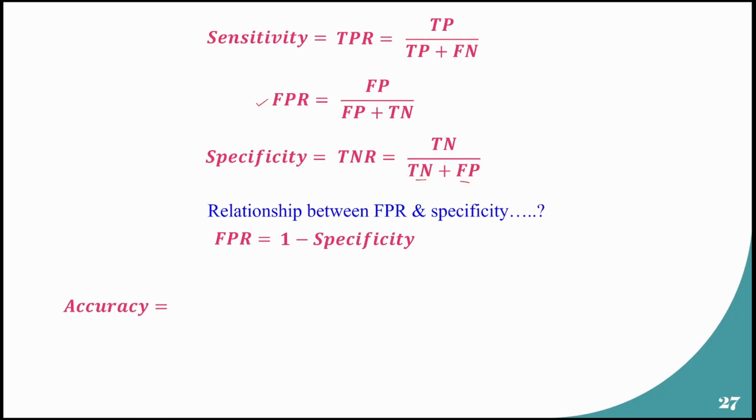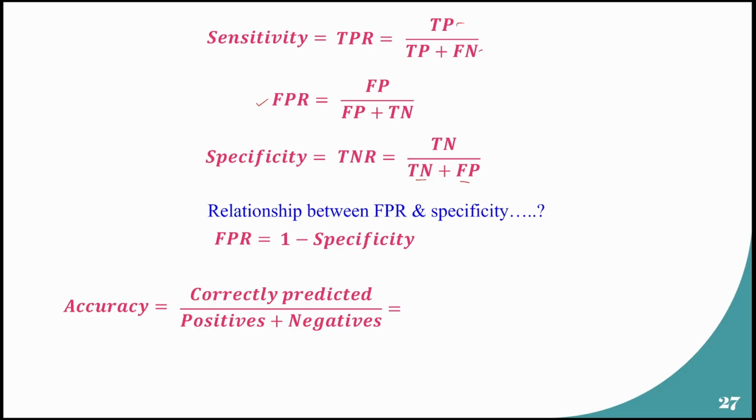And then there is also one term called accuracy. Accuracy is determined by this: all of the correctly predicted values divided by all of the positives and negatives. Now, what could that be if you write it in terms of true positive, true negative, false positive, false negative?